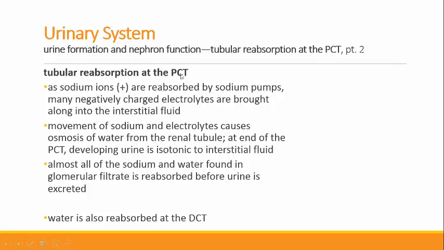As sodium ions are reabsorbed by the carrier molecules, the sodium pumps in the proximal convoluted tubules, lots of negatively charged electrolytes like chloride are also brought along with it.